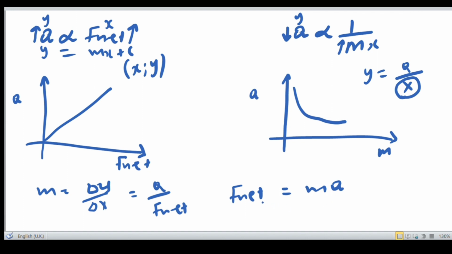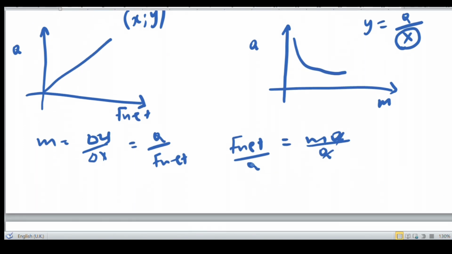So if you want to do this, you must divide by a. This cancels that. So I get F net over A, not A over F net.